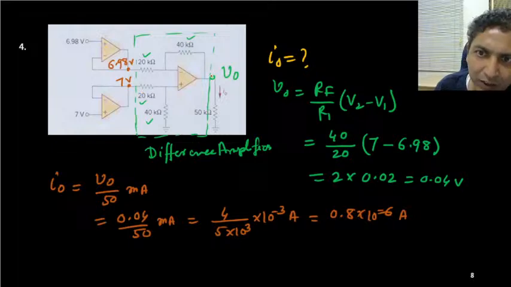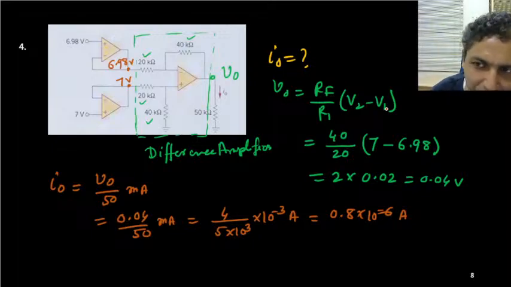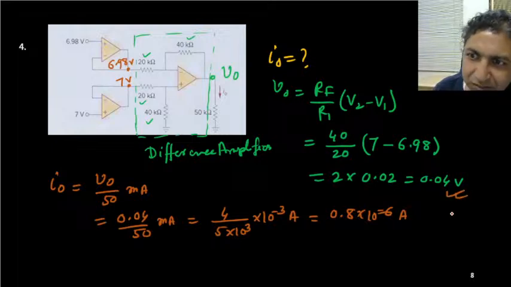Then the output expression is simply the gain RF by R1, this ratio 40 by 20, times the difference V2 minus V1. Okay, so this is the expression for a subtractor, if it is a perfect subtractor. Otherwise, you can simply use inverting and non-inverting gain. You will also get the same result. Okay. So first we have got this V0, and once we get the V0, we can simply find out the current.